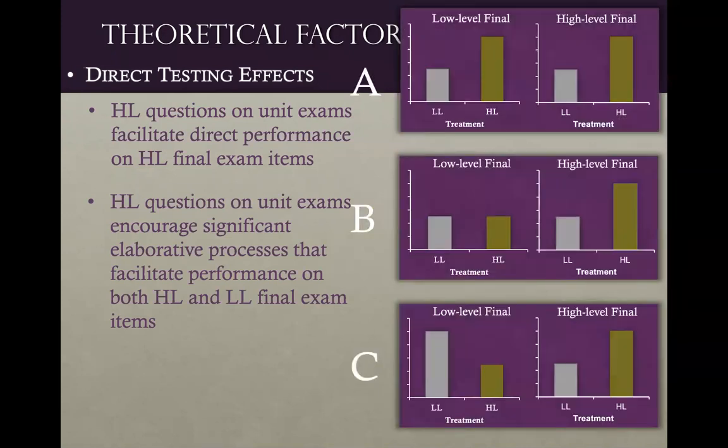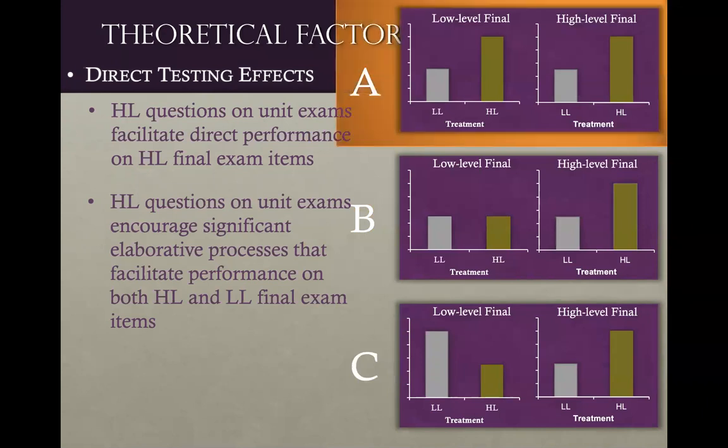Then you might see what you guys were guessing, where the high-level treatment would do better on both. This is the prediction that most people are making for the first one. But the first one, we're saying that only the high-level, whatever that practice is, is helping you. Whereas the second one is saying if you're performing on these high-level exams, somehow it's sort of trickling down to low-level performance. And so the high-level treatment would do better in both conditions. I hope that makes sense.